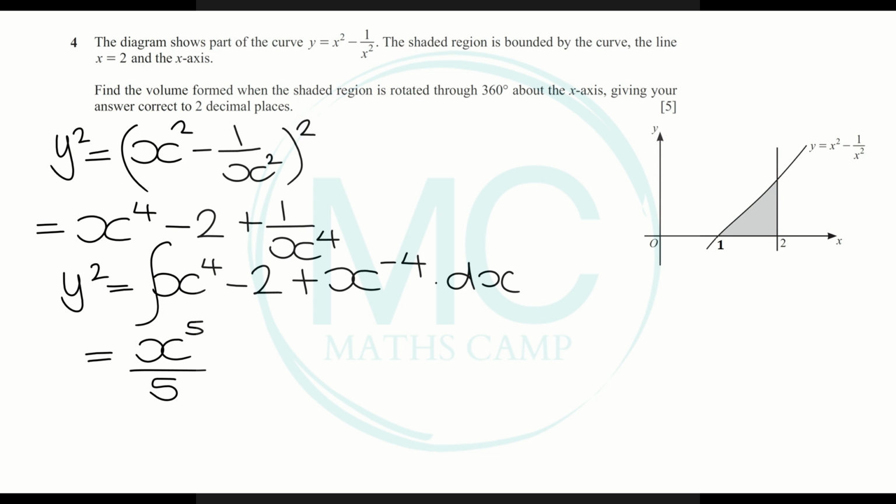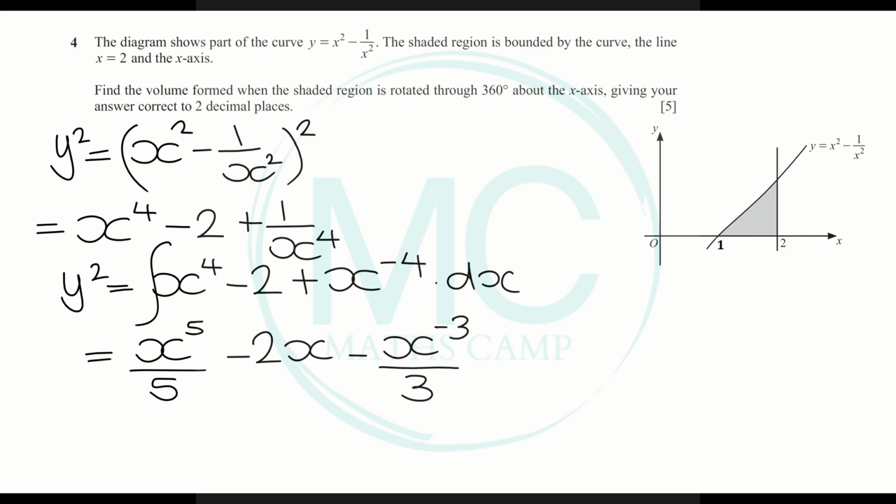My constant becomes my x term, so negative 2x. Then I have x with an exponent of negative 4 plus 1. This becomes x with an exponent of negative 3 over negative 3. So we can say minus, and then over 3.